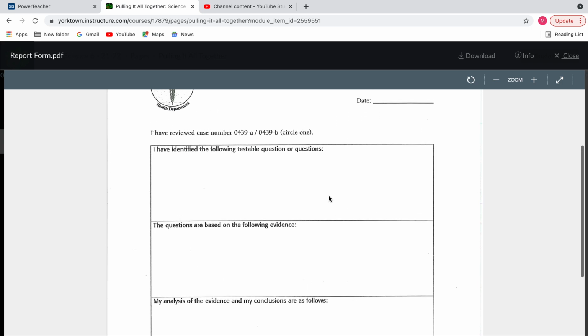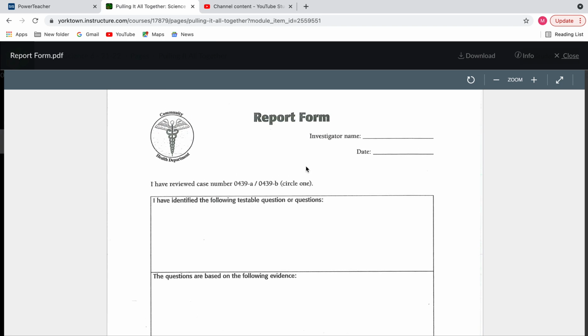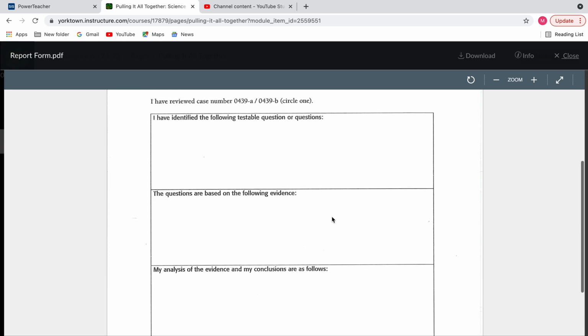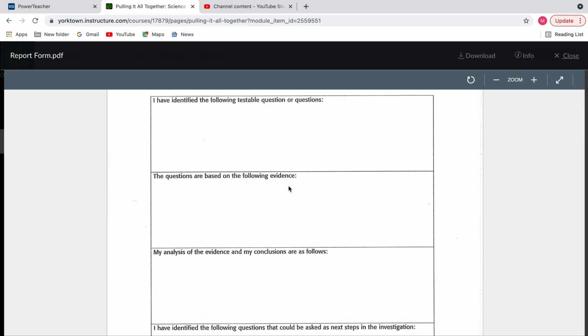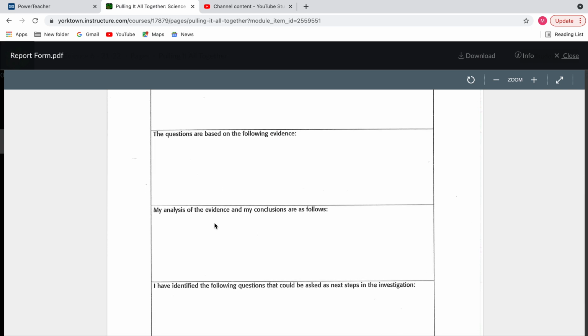We're looking for you to identify the testable question or questions that you could see from either datasheet 4.2A or 4.2B. Then the questions are based on the following evidence: what evidence was provided in those data sheets? Then your analysis of the evidence and your conclusions.